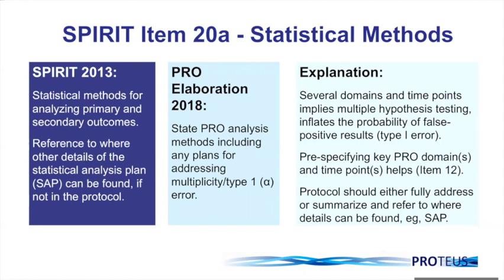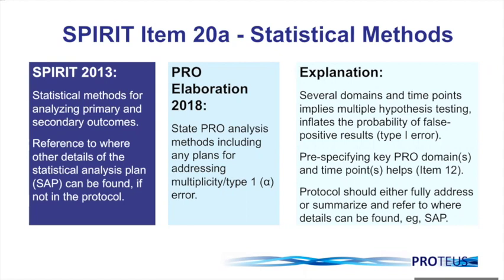So the PRO elaboration states that the PRO analysis methods need to be included, and it highlights in particular the need to address multiplicity, or type 1 or alpha error. Now, this multiplicity arises because PRO questionnaires often include several different domains and scores.